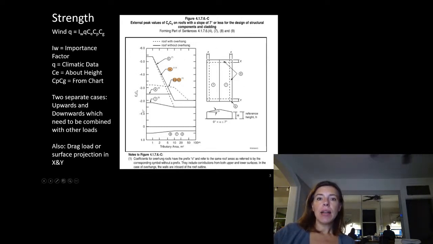You can see that there are positive and negative values. And if you read this instruction down here, it talks about the ones with the O being an overhang. That means that they're exposed from both above and underneath to wind.